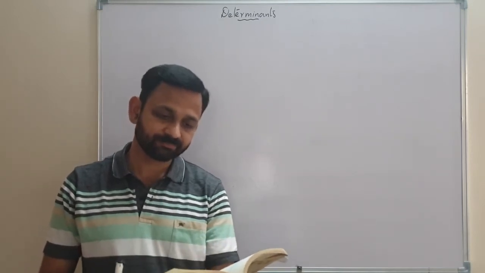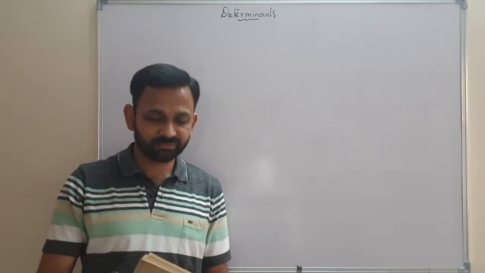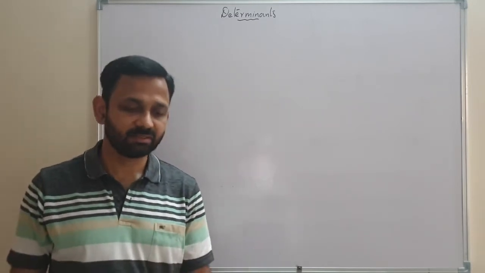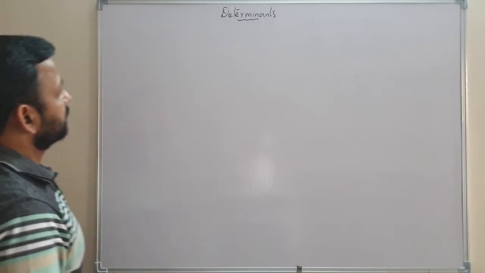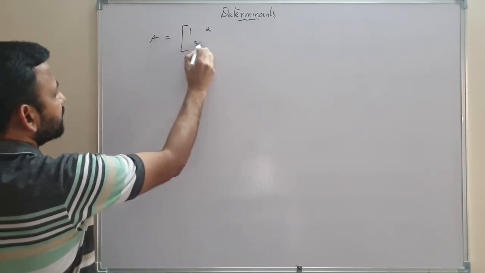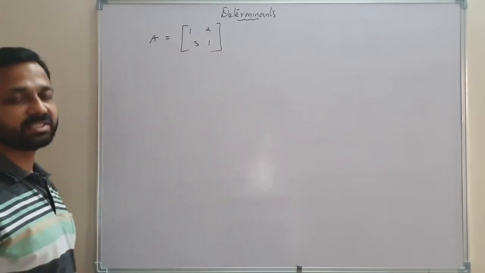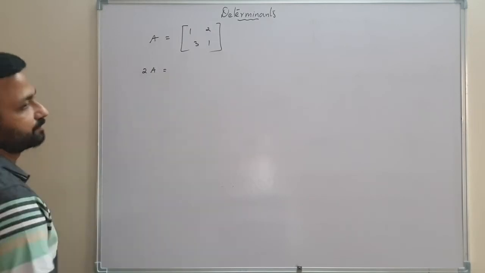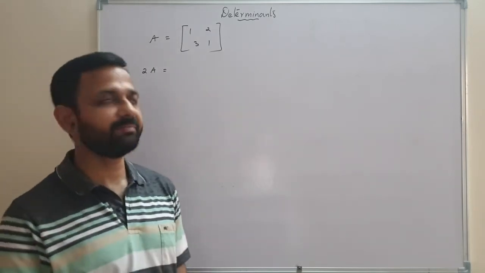Determinants. Before that, we need to learn scalar multiplication. Suppose A is a matrix 1, 2, 3, 1. A is a matrix. And if you multiply A by a scalar quantity, 2. 2 is a scalar quantity.